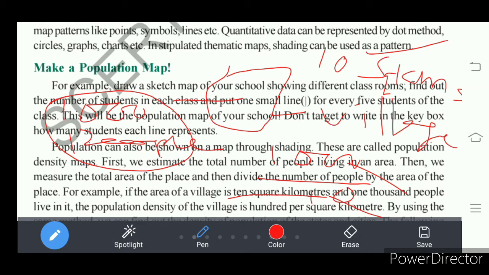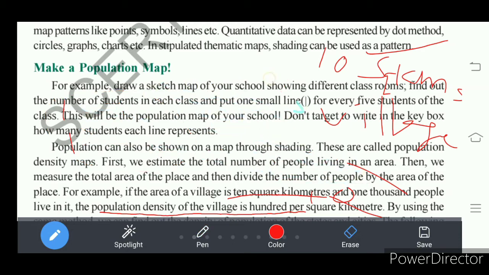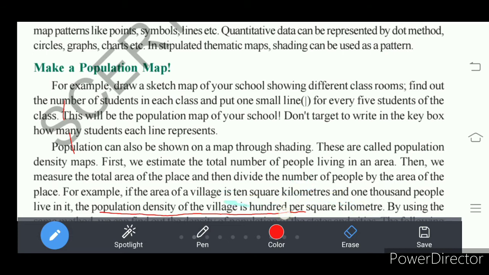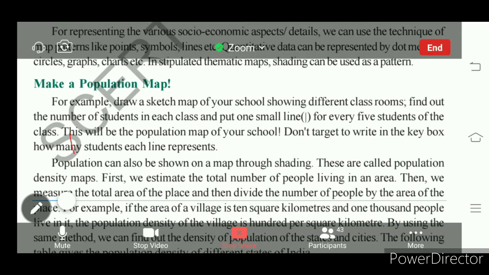It means that the population density of that village is 100 persons per square kilometer area. So a population map is prepared using the population density. Population density reveals how many people are living in 1 square kilometer area.